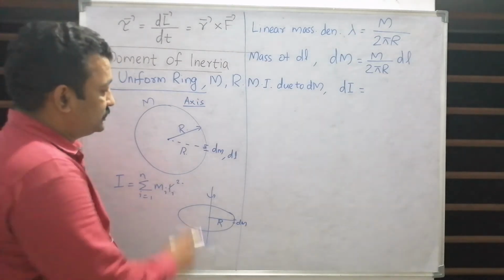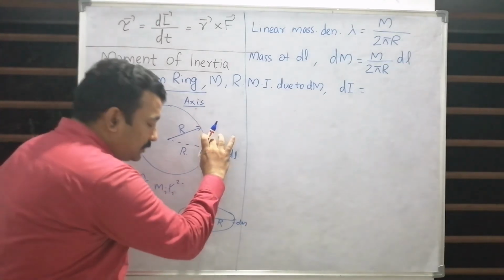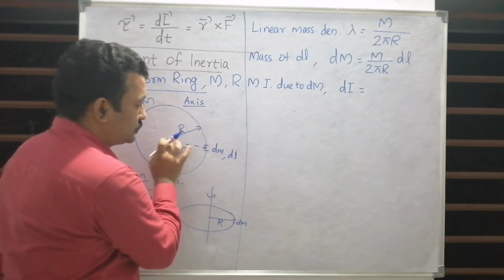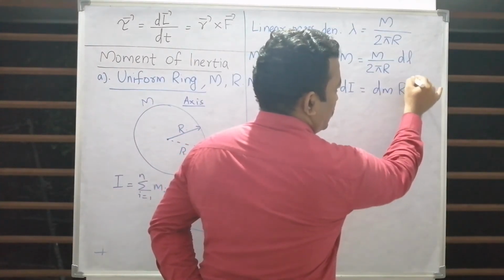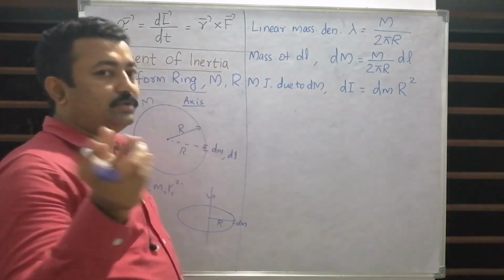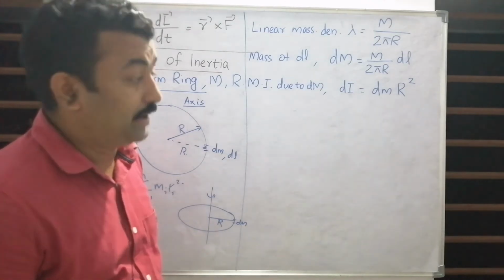So dI, what is dI? Moment of inertia due to the small elemental mass, that is mass multiplied by the distance square. So that is dm multiplied by r square. This is just similar to the first problem that we have done for a single particle, that was m r square.